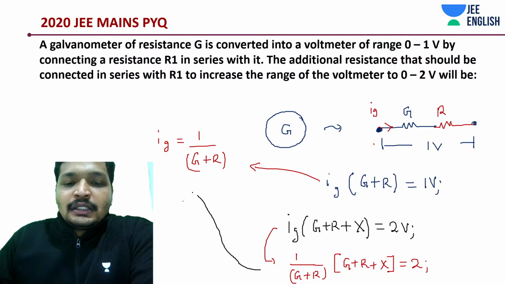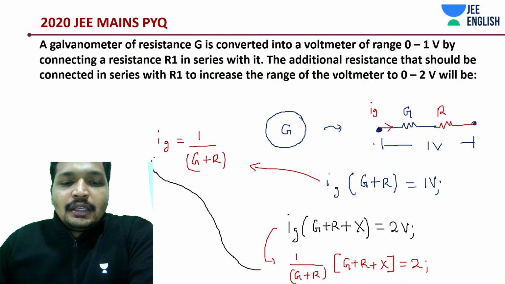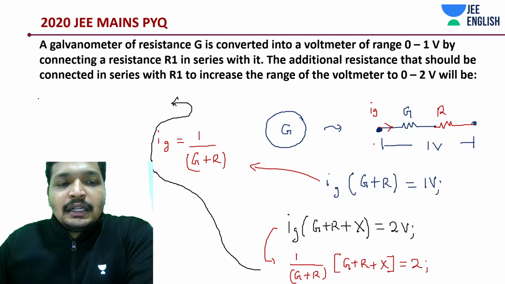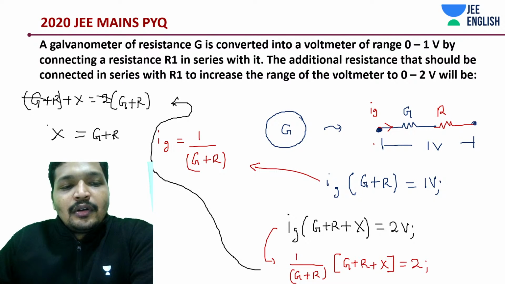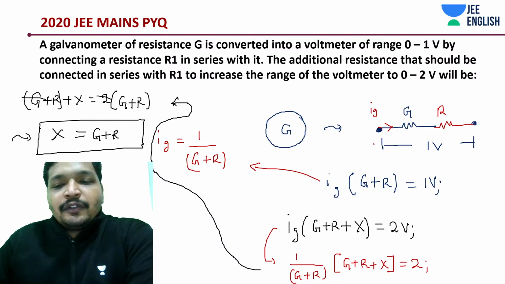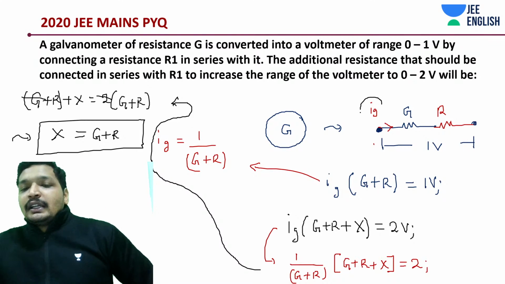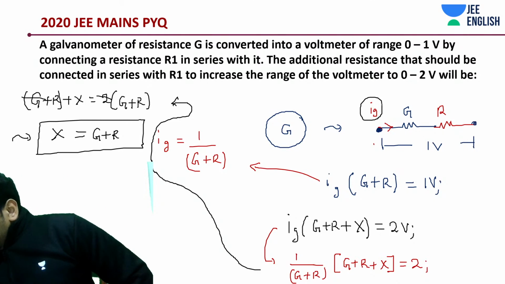Let me carry out this equation: G plus R plus X is equal to 2 into (G plus R). The (G plus R) bracket cancels out, so X is equal to (G plus R), doubled. This is the step-by-step way of going about it. The limiting factor is Ig; have a look at your current.